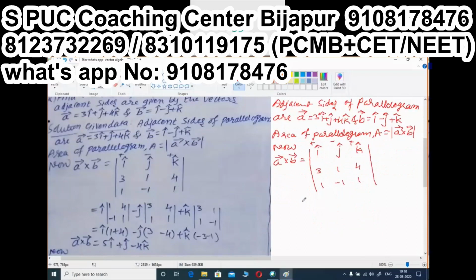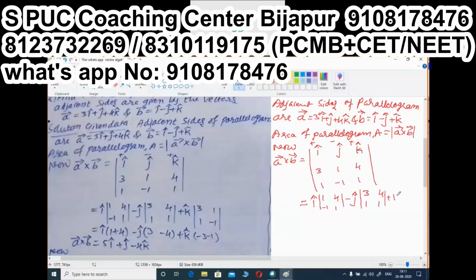Who would like to tell about this, please? i cap of the determinant 1 4, minus 1 1, leaving this row and this column. Plus, minus j cap of 3 4, 1 1, leaving the complete column and row.